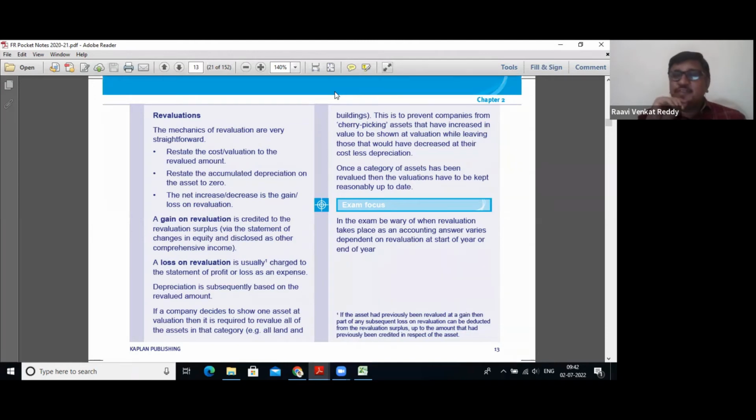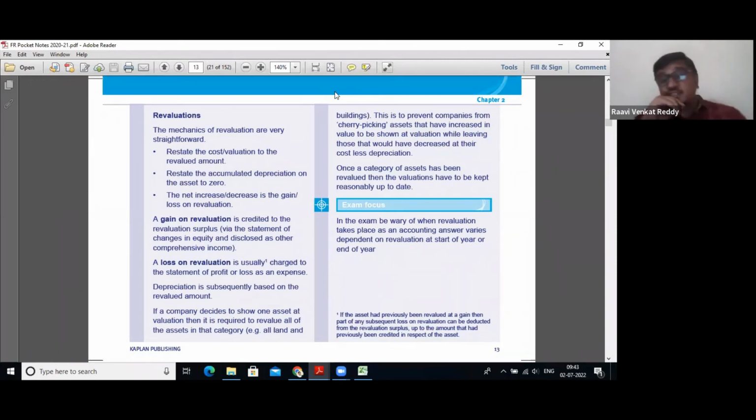Now here you will get it. If the company can choose this revaluation, they always try to revalue the asset so that they can overstate their balance sheet, because the company always wants to overstate its statement of financial position. The reason is, if the statement of financial position is overstated, if it is highly valued, then the credibility and the chances of getting a loan will also increase.